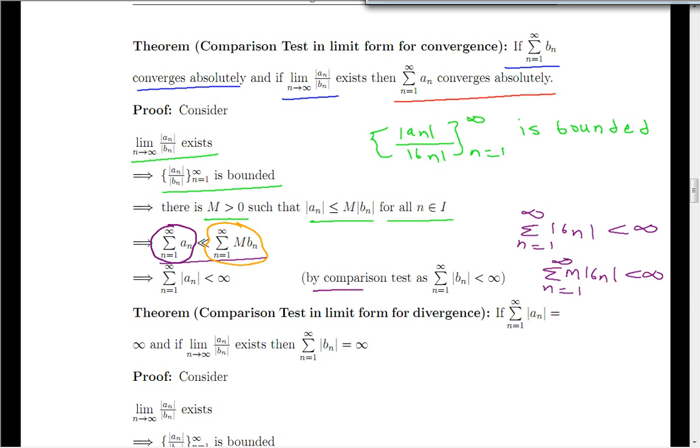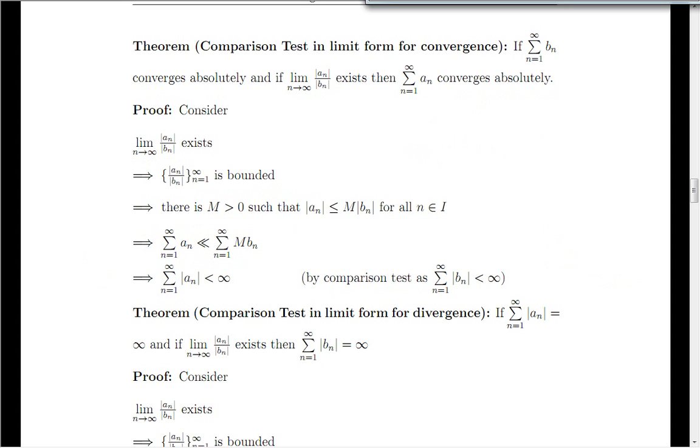So by using comparison test, we can conclude that this series Σ|an| is convergent. So basically, comparison test in limit form for convergence says that if the limit exists finitely and if series Σ|bn| converges absolutely, then the series in the numerator, that is series an, also converges absolutely.